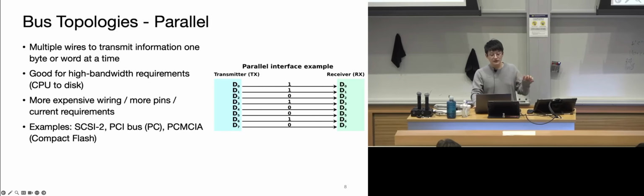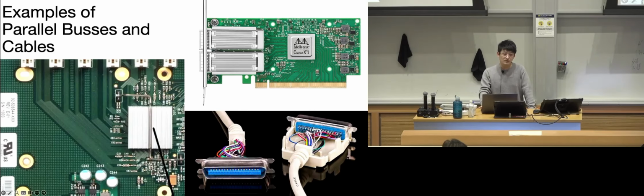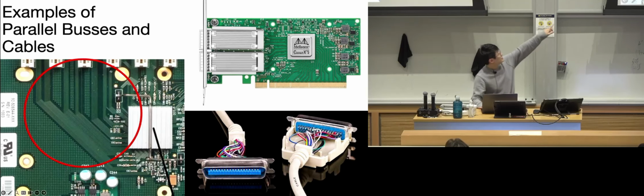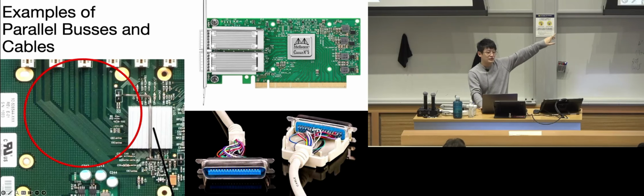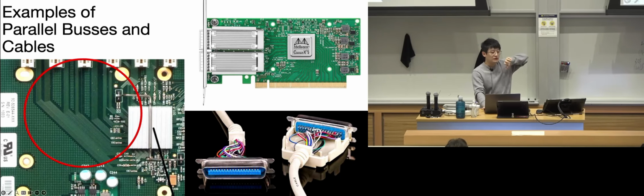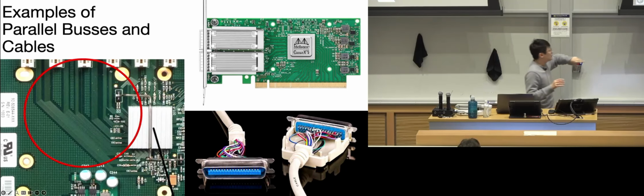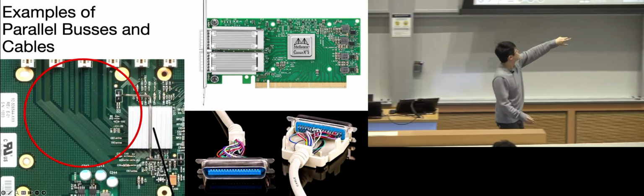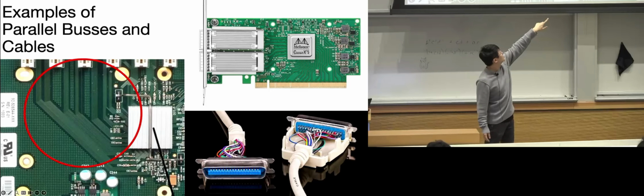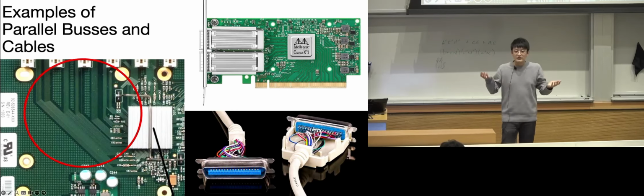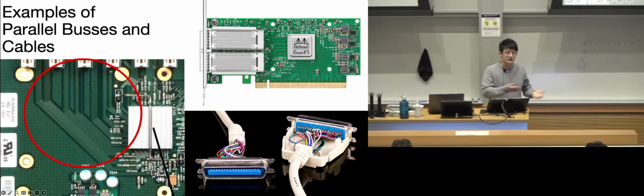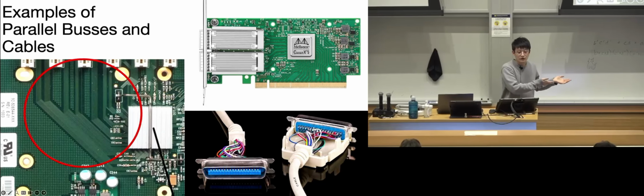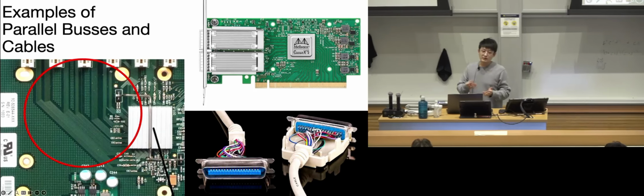It is not uncommon to have this for between-chip communications. For example, this was the slide I was going to refer to. These are actually parallel communication protocols that are used for between-chip communication. And sometimes you will see the connector for those look something like that, or something like the one at the top. So imagine if you have an external GPU that you want to plug into your computer, chances are those use these parallel buses and cables to connect them.